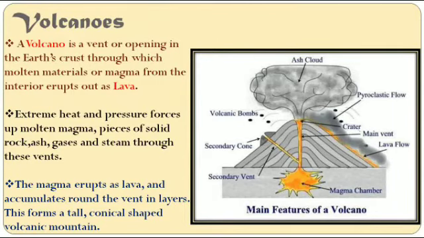You have to make this diagram in your copy also. Extreme heat and pressure forces up molten magma, pieces of solid rock, ash, gases, and steam through these vents. The magma erupts as lava and accumulates around the vent in layers. This forms a tall, conical shaped volcano.